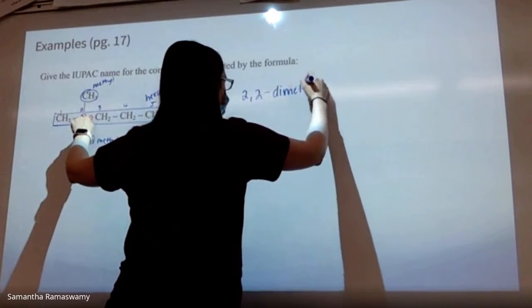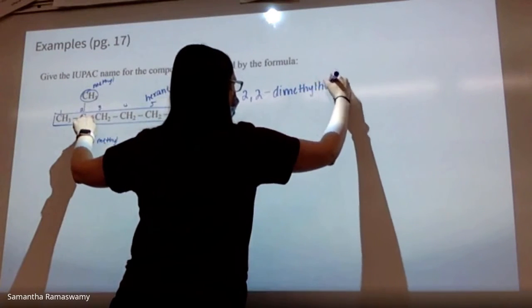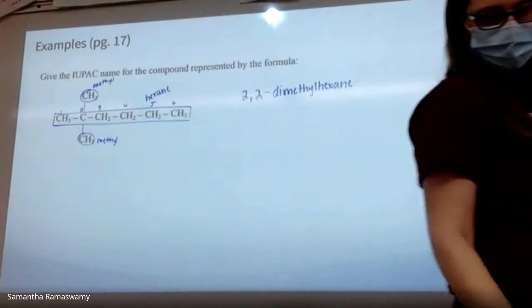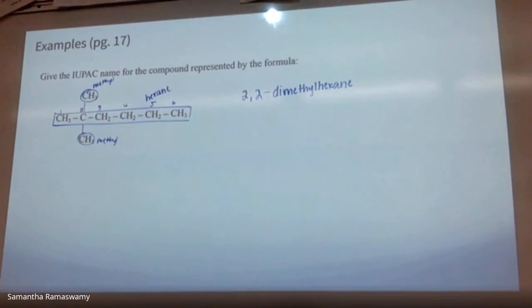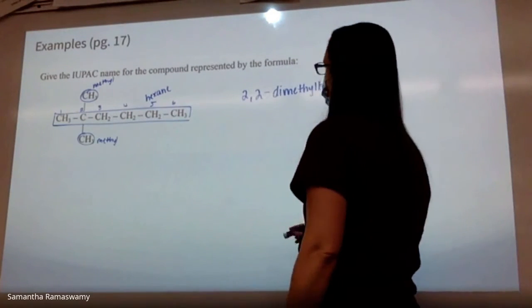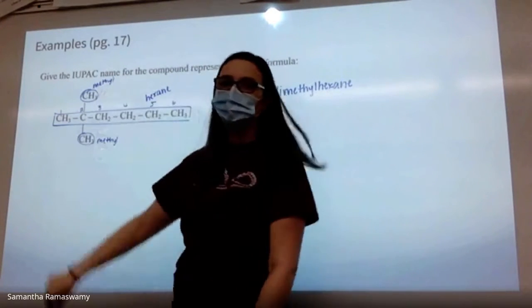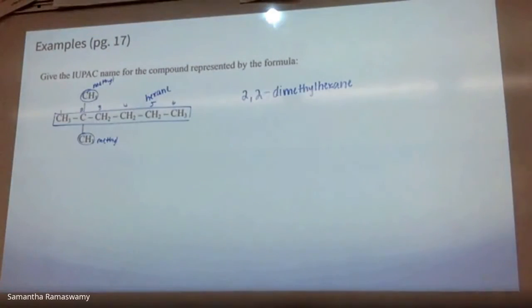So then we will have dimethylhexane. That's what our name will look like. 2,2-dimethylhexane. Because there's a methyl group here and here, so since there are 2 methyl groups, we'll do dimethyl. Yep.